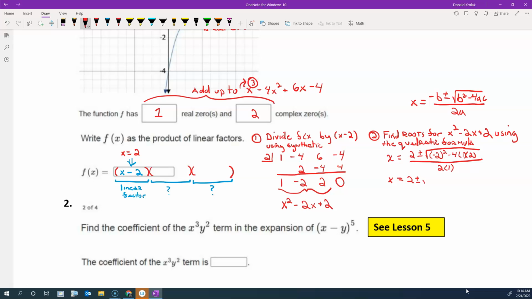Underneath the radical, I'm going to have 4 minus 8, so that's negative 4.